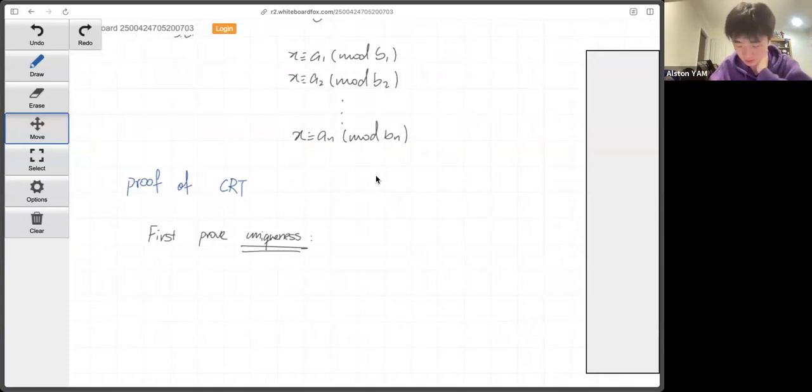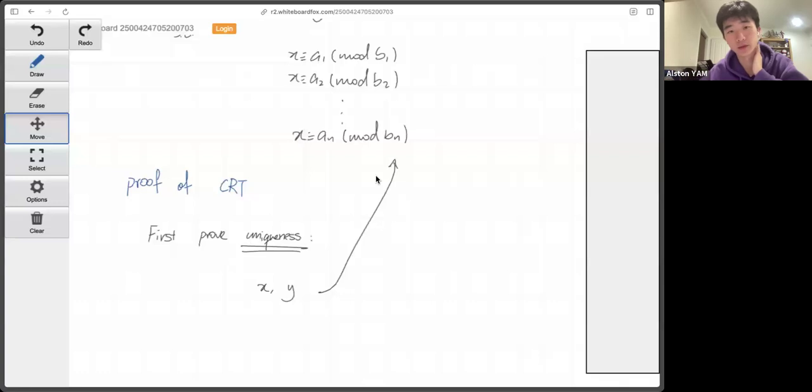So let's suppose we have numbers x and y, and the numbers x and y both satisfy this. In other words, we have x is congruent to a1 mod b1, x is congruent to a2 mod b2, and dot dot dot all the way down.